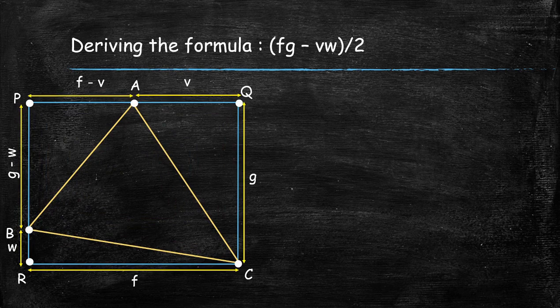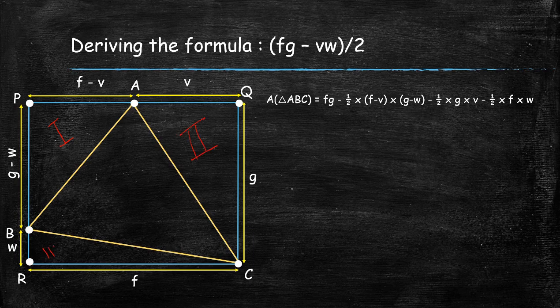Now we have to find the area of triangle ABC. We found that it is the area of the rectangle minus triangle 1, triangle 2, triangle 3. So I have just written it here.